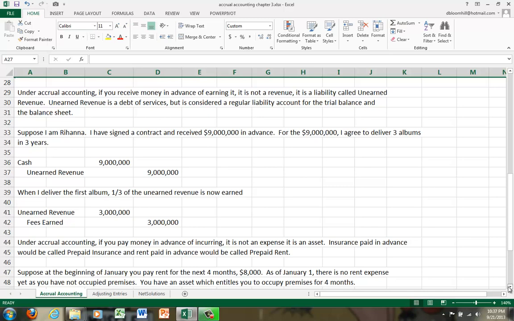Liabilities do not have to be debts of money. They can also be debts of property or even debts of service. In this case, our unearned revenue is a debt of service, but it is considered a regular liability account. It has a dollar balance and it shows up in the liability section of our balance sheet.